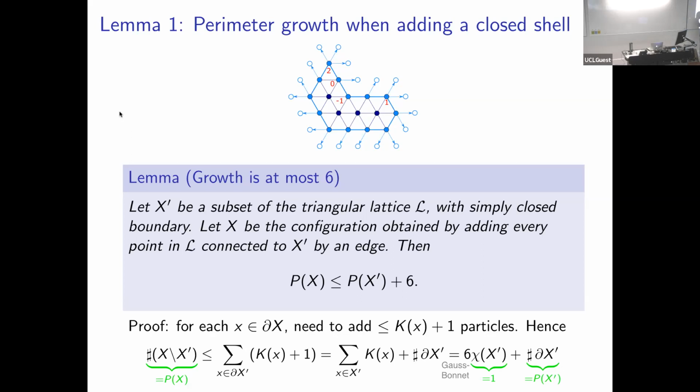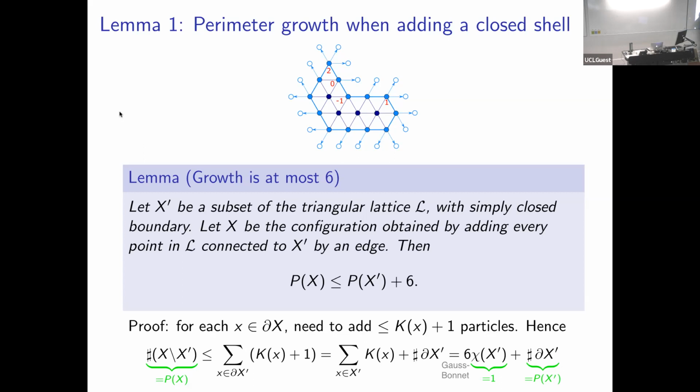The points previously in the boundary of the configuration now become interior points. So after I've added the layer, their curvature goes down to 0. That means they now have 6 neighbors.